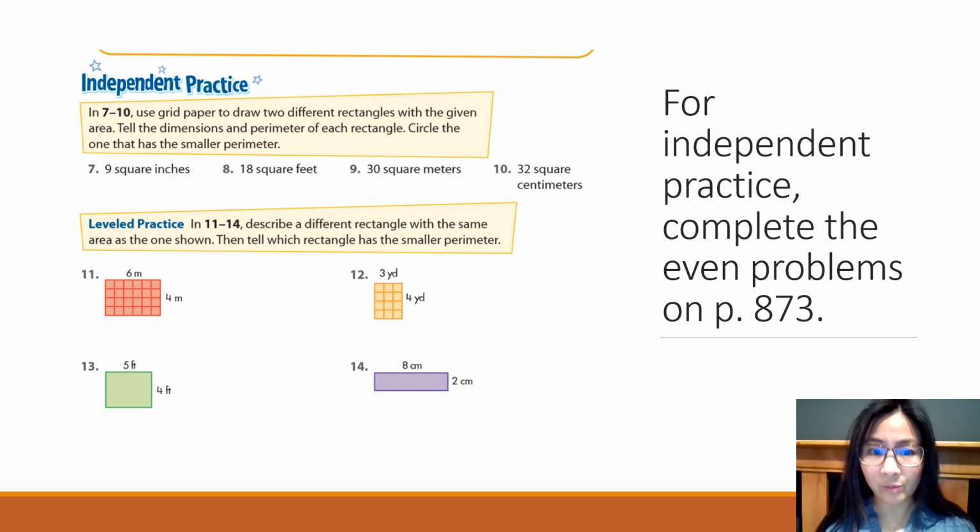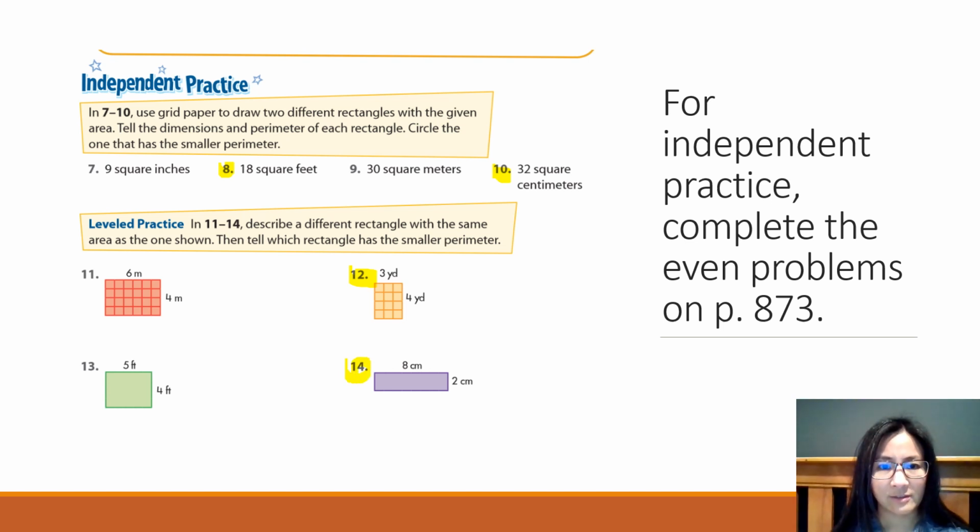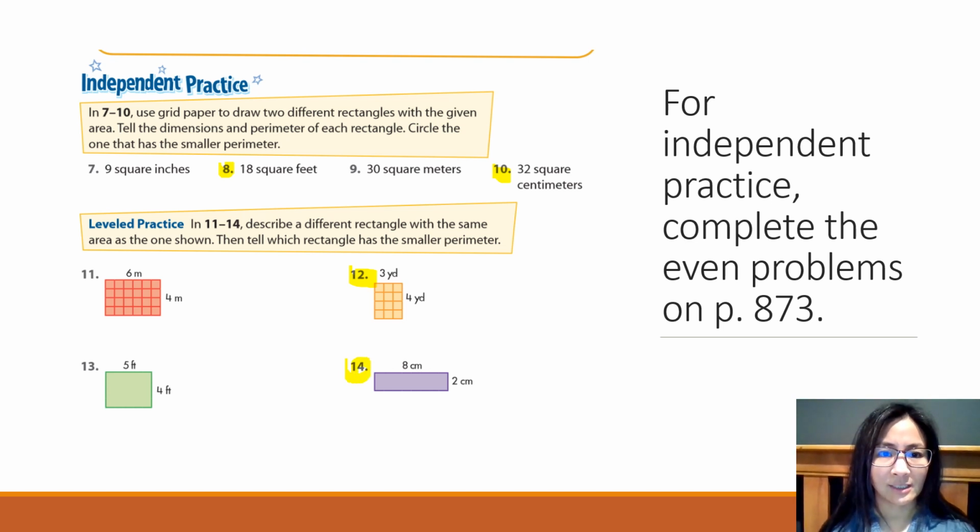So if you're working in your workbook, you'll complete the even numbered problems. So that's number 8, 10, 12, and 14. Read the directions for the two different sections. It does recommend using grid paper for numbers 8 and 10 if you have it.